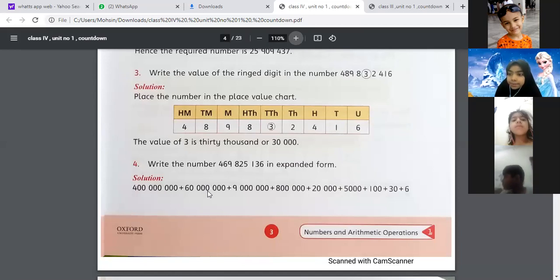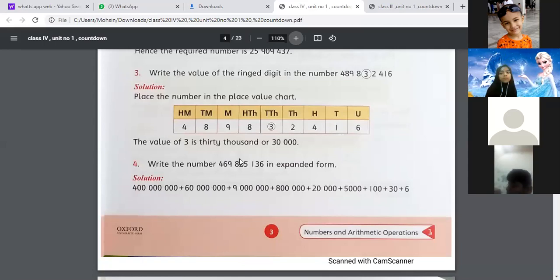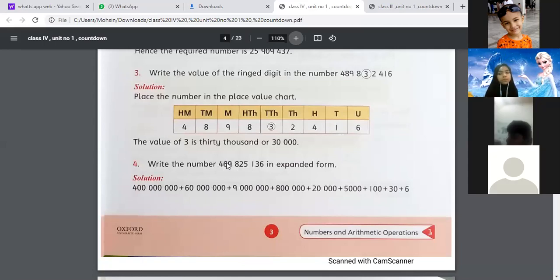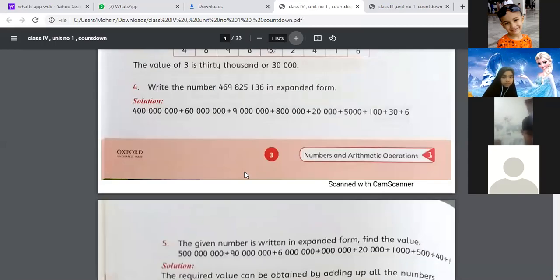How many zeros after 6? 1, 2, 3, 4, 5, 6, 7. Same as it is for the other numbers, using plus. If we add all these values, I get the answer, this one back.